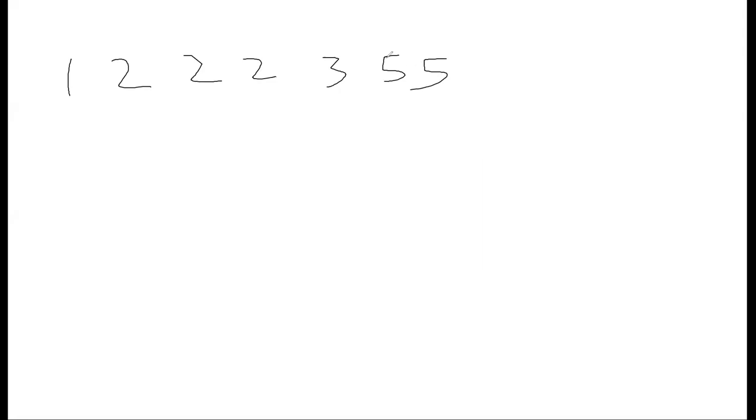But if equal keys can be on both sides, then we can't guarantee the in-order traversal would be sorted. In a case like this, it will be sorted, right?